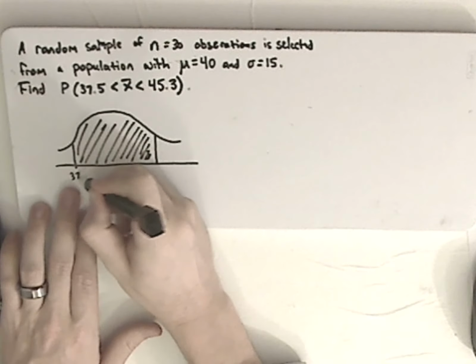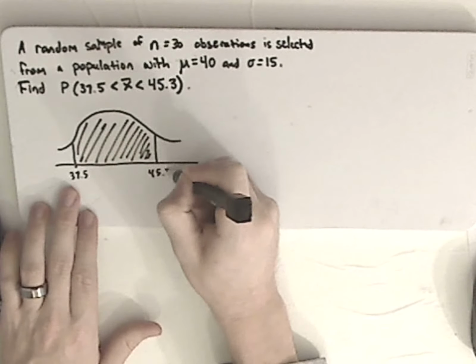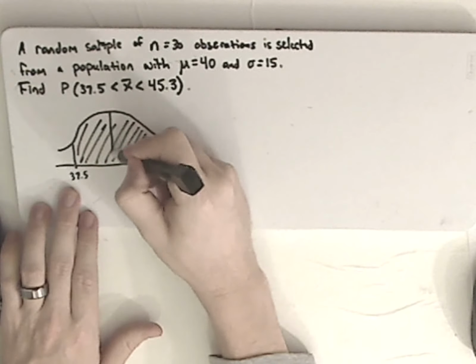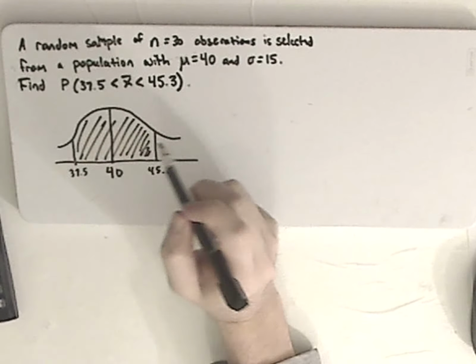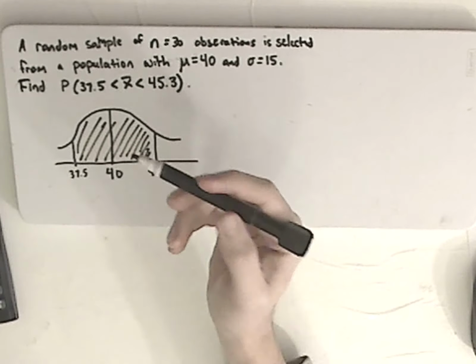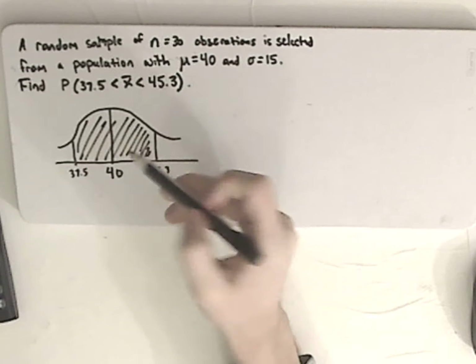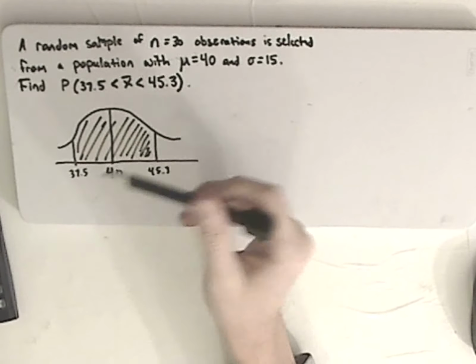This is 35.5, this is 45.3, and 40 is somewhere in between. So you're trying to find this area or probability. I would always draw a picture. This is going to help later.